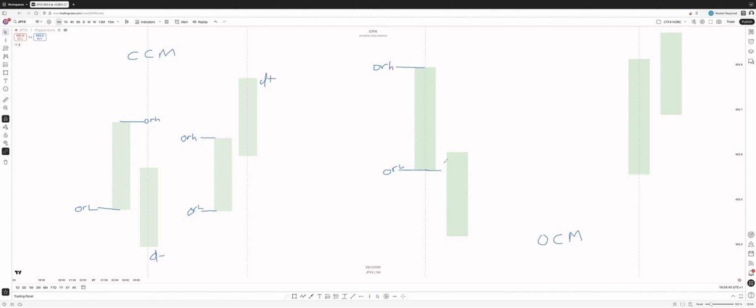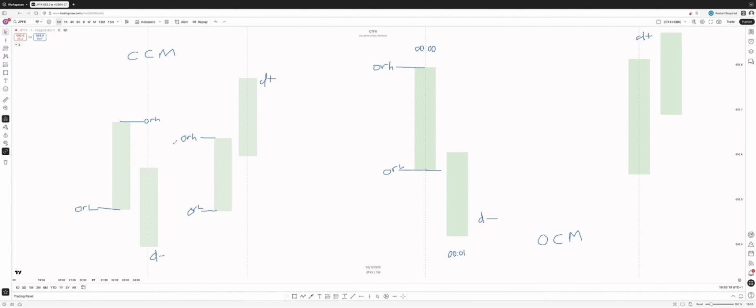Imagine this would be 0000, like if the opening of your day is that time, and this would be 00001 on 1 minute time frame. So price takes the low first, that's D minus here. This is the bullish form. Price takes the high first, that's D plus. So basically, these are the two major methods.